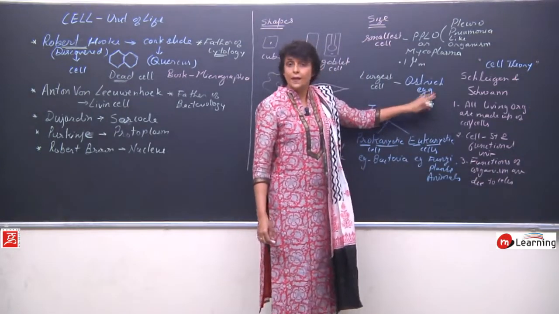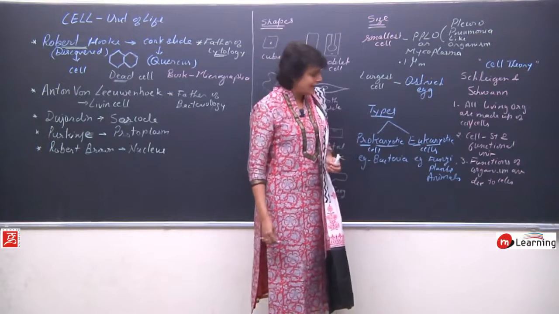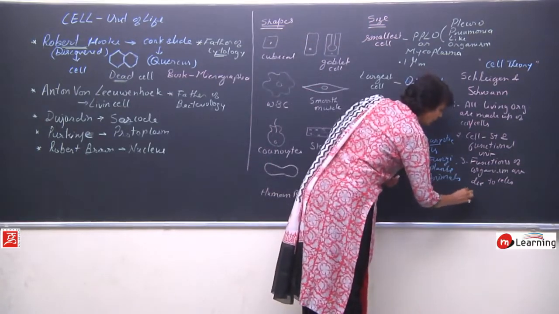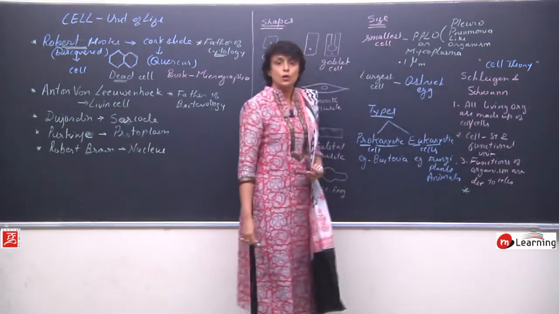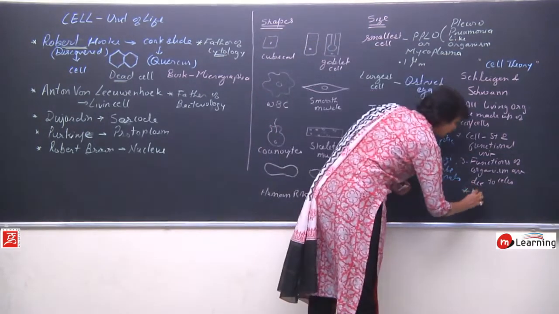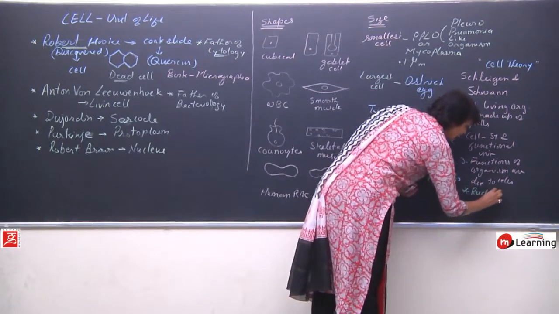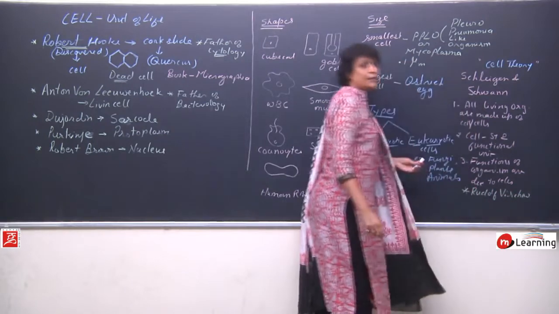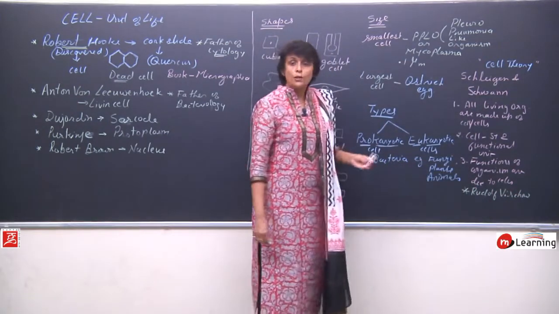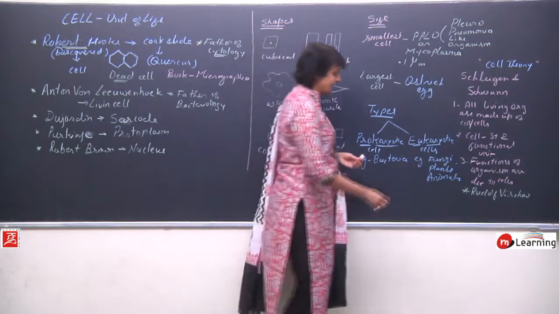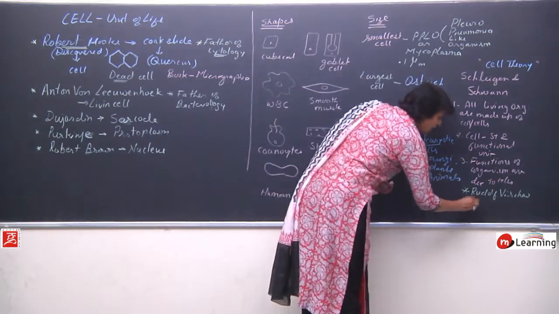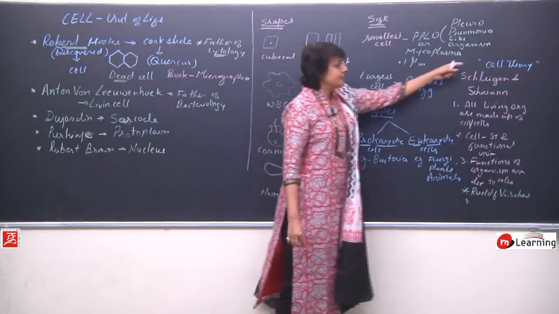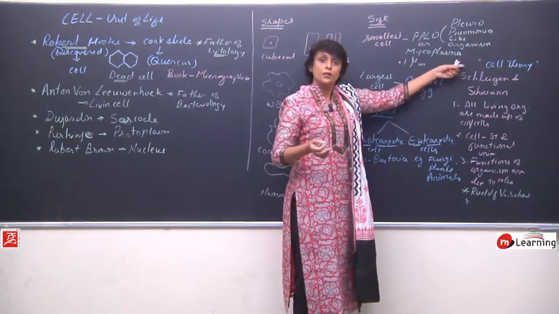Now, this cell theory was modified later on when one more scientist contributed one point here. The scientist was Rudolf Virchow. He added one point. He said all the cells arise from pre-existing cells. So, this became the fourth postulate, and after the fourth postulate the cell theory was termed as modern cell theory.